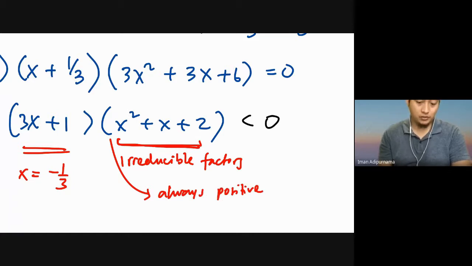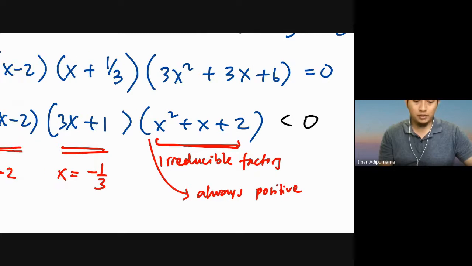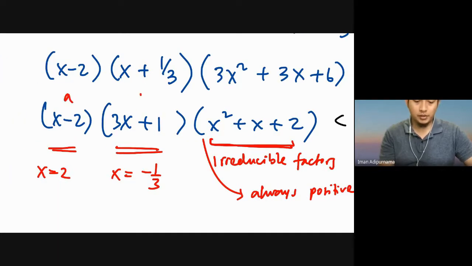You check 0, positive, check 1, positive, check the negative, because it has a square, it's always positive. So we don't need to worry about this. What we are worried about is these two parts, this A and B. Because A, B can make the whole equation become negative.